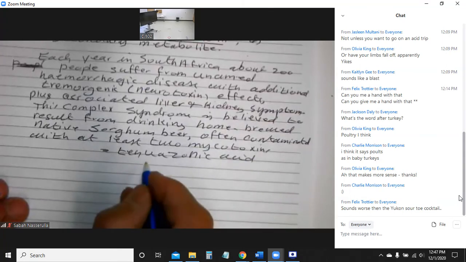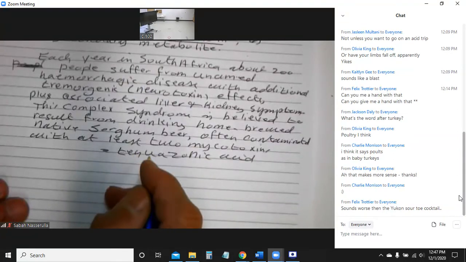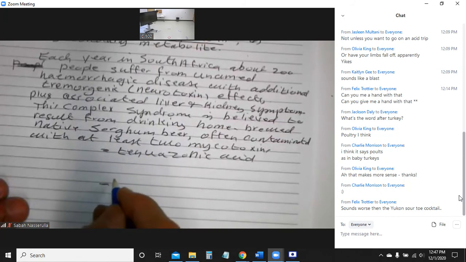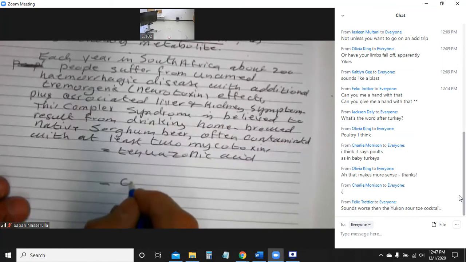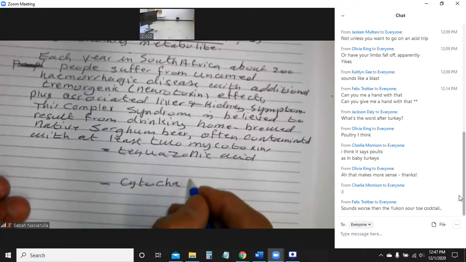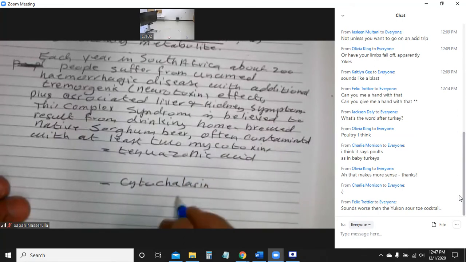And basically this acid is produced by fungi. The other one, just give me a second, is known as cytochalasin. These are the two compounds.